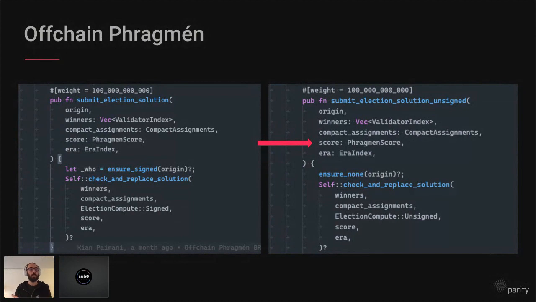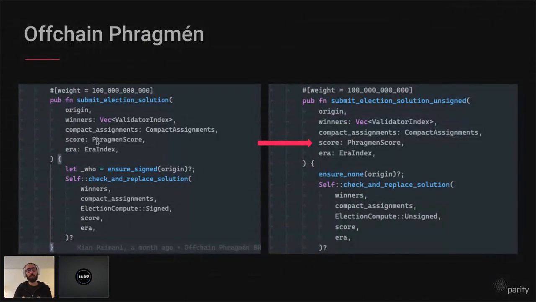And if it's not, we early reject it. This kind of depicts how we generally verify the solutions, both on signed and unsigned. Basically, we want to reject as many solutions as early as possible with the least amount of work. And this score submission is also a part of that.